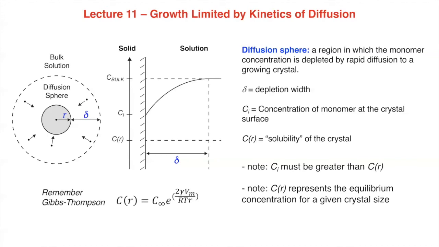Okay, so diffusion limitations say that there's this monomer depletion that happens because of the transport of monomers to the crystal being slower than their consumption by the crystal.